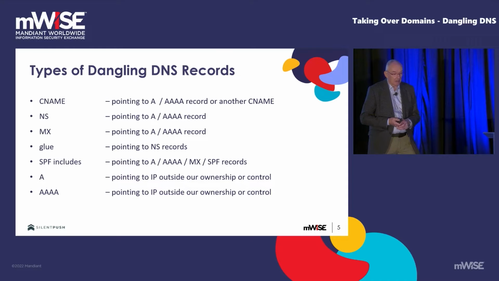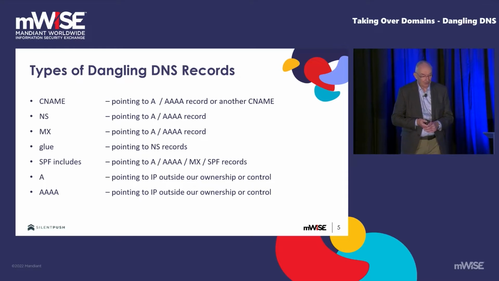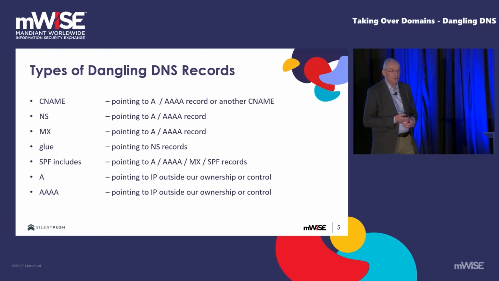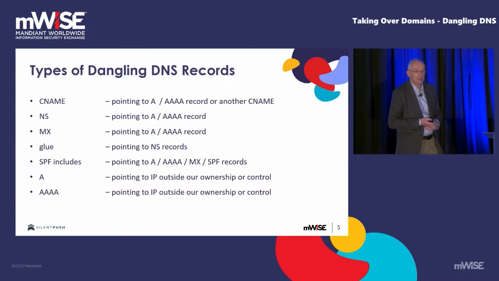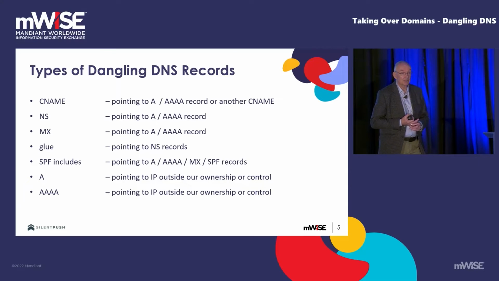The other ones are a little bit outside of what I'm going to talk about today, but they're on the slide as well because we shouldn't forget about them. Includes in SPF records can expose you to a multitude of different things, because in the SPF records you have includes that are names, so they could be aliases for other records, but you also have IP space in there. You'd be surprised if you expand the list of all the includes that are given to you when you set up a cloud service, for example, and set up a mail service there. They have a set of default SPF records that they want you to add to your domain.